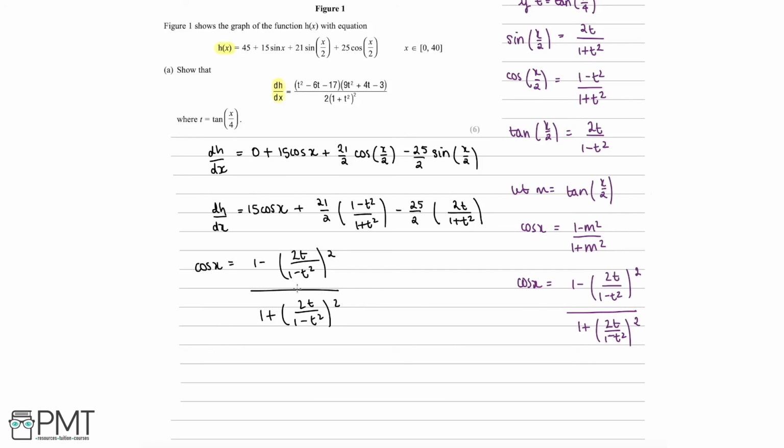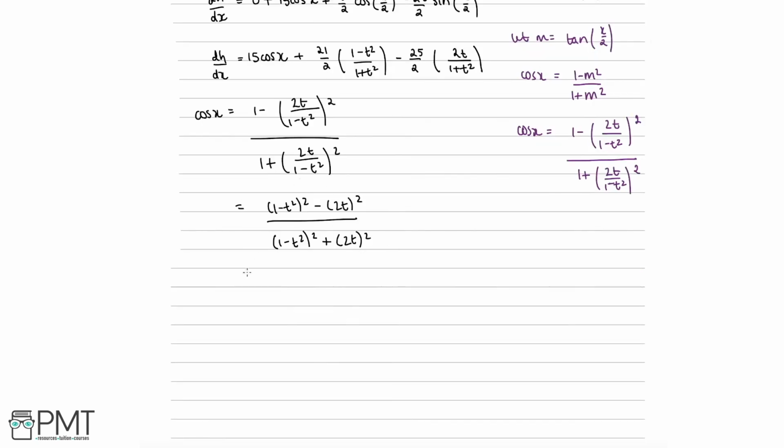We can multiply both the numerator and the denominator by 1 minus t squared all squared to give you 1 minus t squared all squared minus 2t all squared, all over 1 minus t squared all squared plus 2t all squared. You can expand this out to give you t to the power 4 minus 2t squared plus 1 minus 4t squared all over t to the power 4 minus 2t squared plus 1 plus 4t squared.